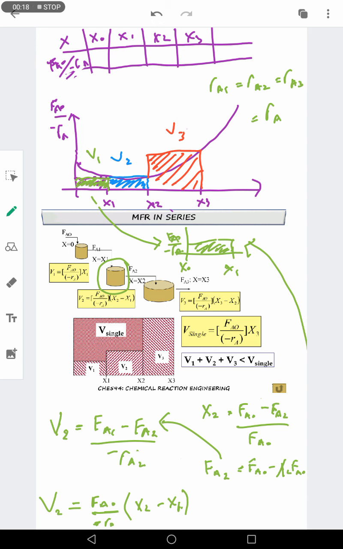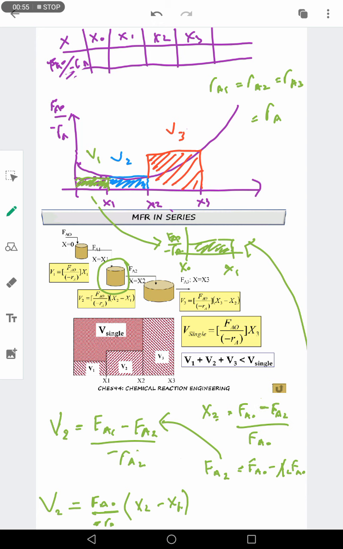You have to bear in mind that for conversion, in order to get the conversion that happens after reactor 2, okay, because I said the conversion after reactor 2 is representing the conversion that happens both in 1 and 2. So meaning that your calculation has to start with FA naught.